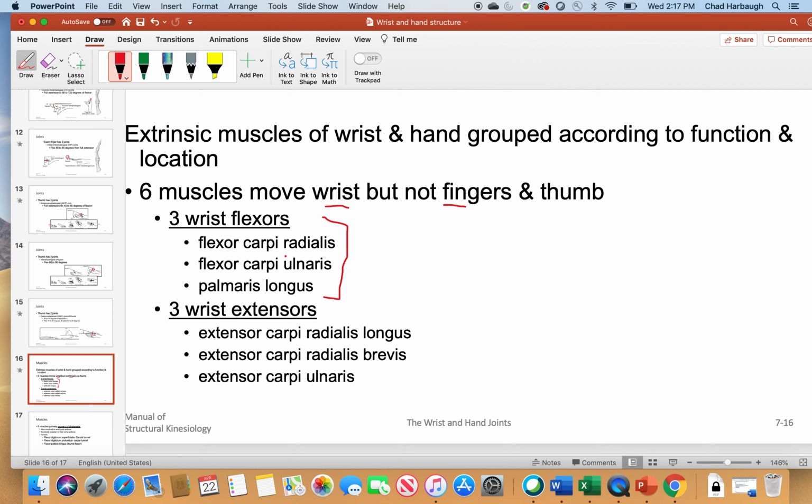We see the flexor carpi radialis, the ulnaris, and the palmaris longus. And again, when we're talking about extensors, these are all going to have their origin on the lateral surface of the humerus or even the radius. And these are going to be associated with extensor carpi radialis longus, brevis, and the extensor carpi ulnaris.